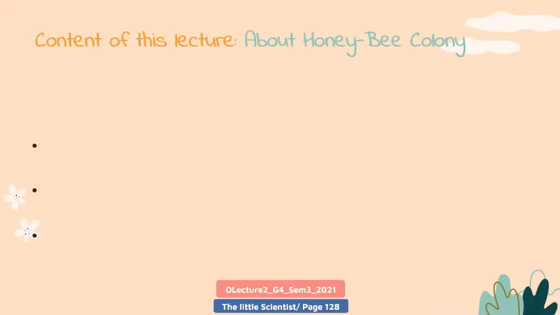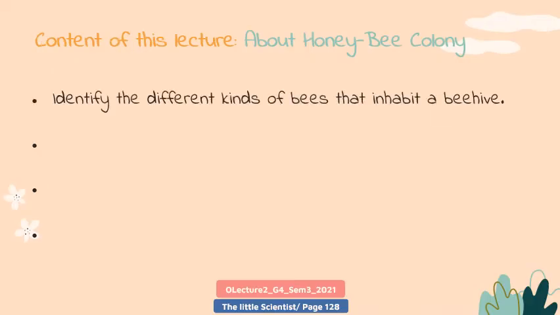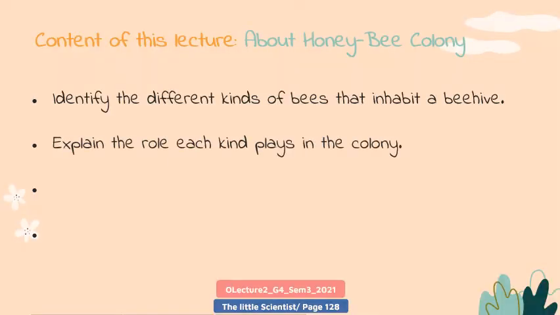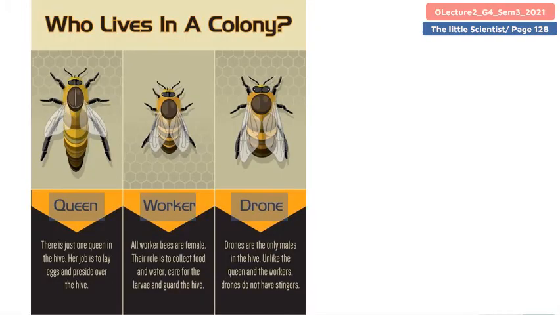What do we know now about bees? What are the different kinds of bees that inhabit a beehive? In a beehive, you will see a queen, a worker bee, and a male bee or a drone. What's the job each kind of bee plays in the colony?